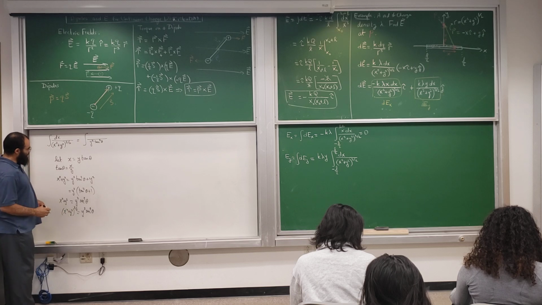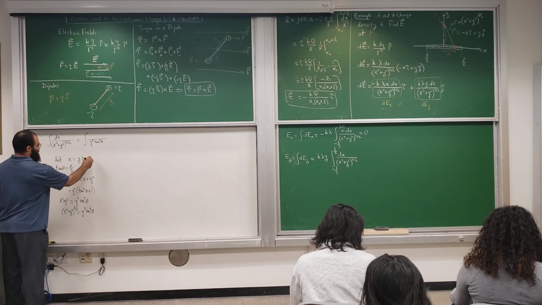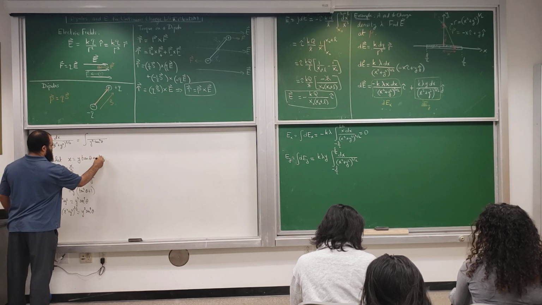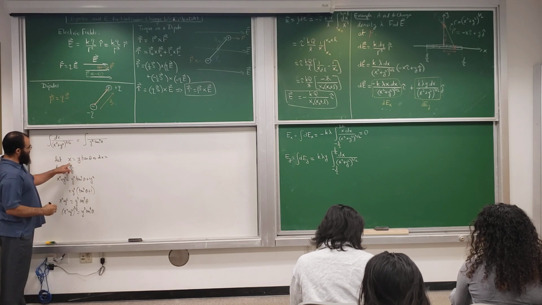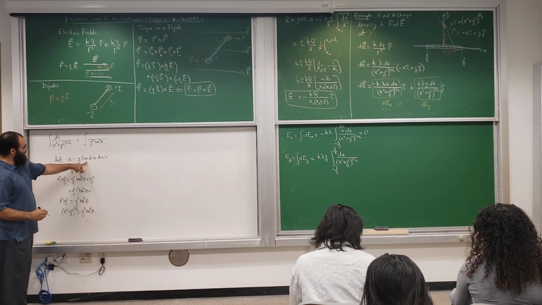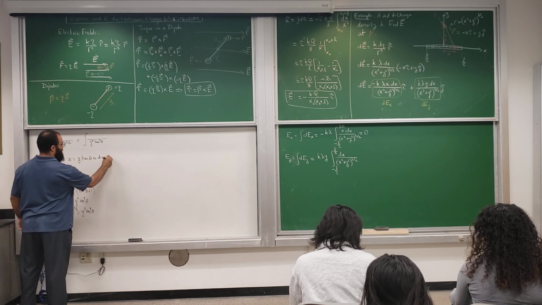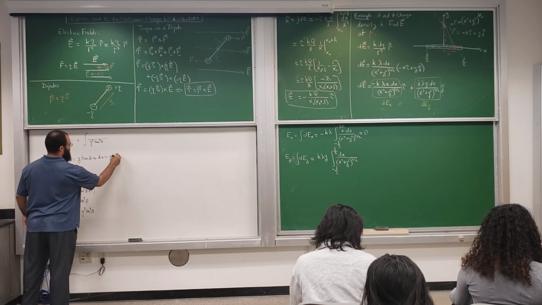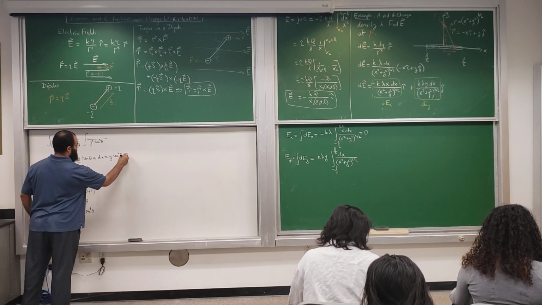On the top, now we need to worry about the top. So what's dx? What's the derivative of tan? Secant squared. So I got y secant squared of theta d theta.